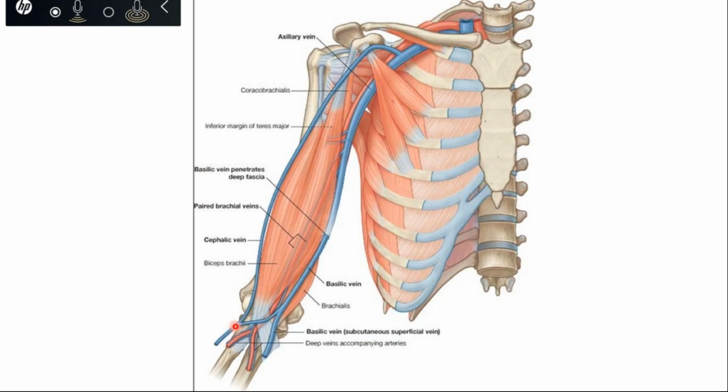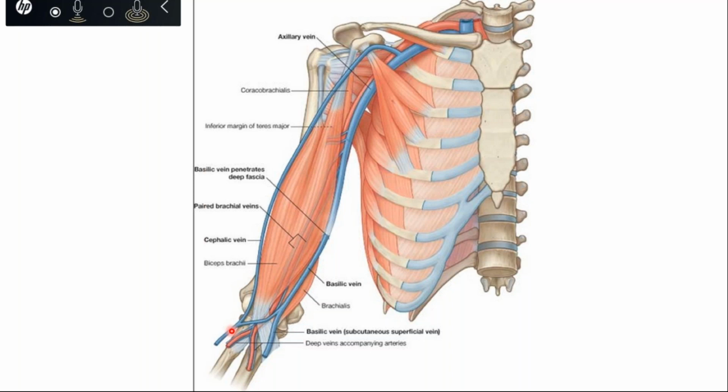There is another vein approximately near the elbow, and this vein connects the cephalic vein to the basilic vein. The name of this vein is the median cubital vein.